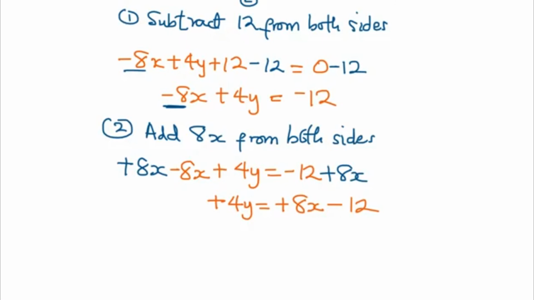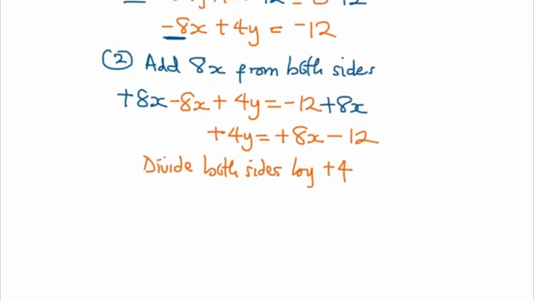In here we're going to do the last step, which is to divide both sides by positive 4. So on the left side we're going to divide by positive 4, and on the other side we are dividing 8x by positive 4 and negative 12 by positive 4.